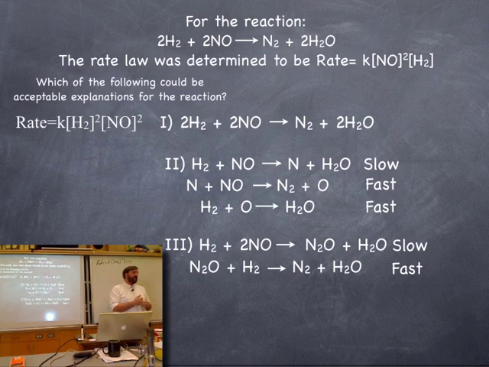That's relatively common. 3-particle collisions are possible, but really rare. Statistically, getting 3 particles to collide at the same point in time is very, very unusual. Now, uniparticle, just 1 particle falling apart, that can also happen. But usually, almost all elementary steps are 2 particles colliding together.